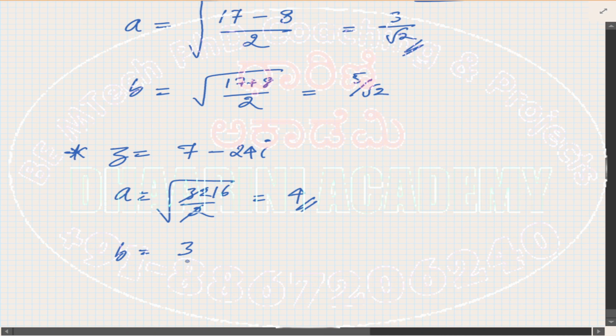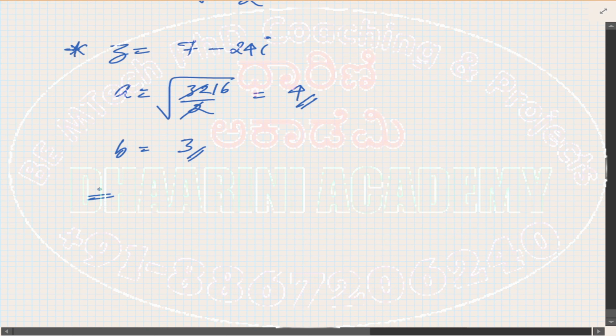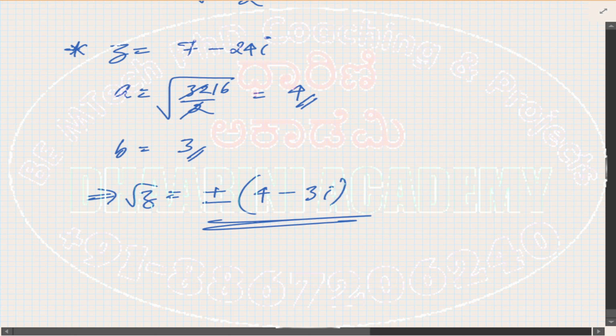B equal to 3. So this implies root z is equal to plus or minus a, that is 4. Since the given number z has a negative imaginary part, it is to be minus. Clear. All right, next question.